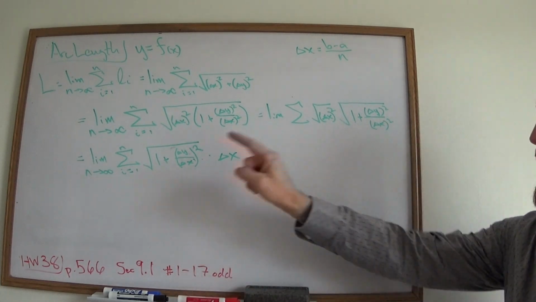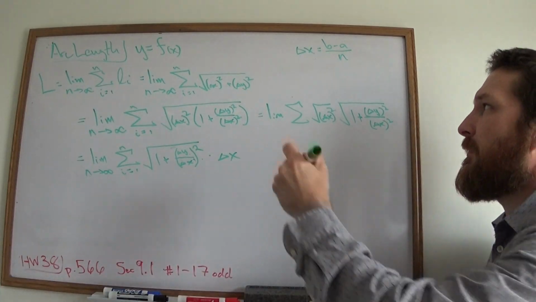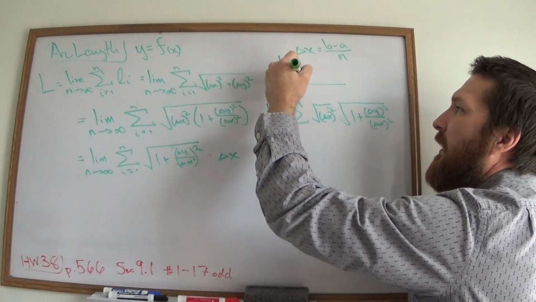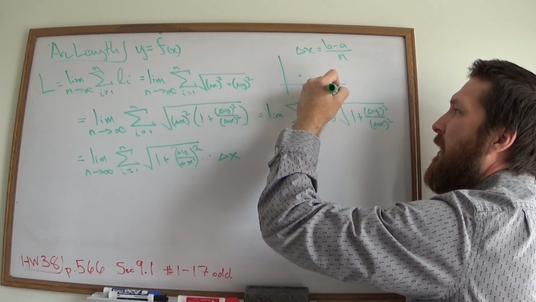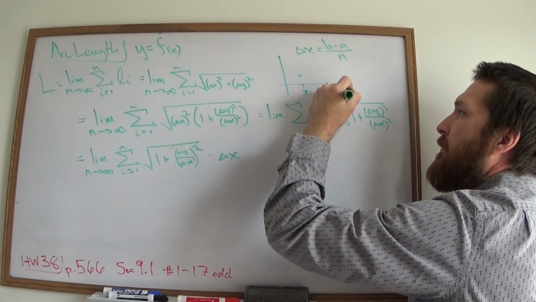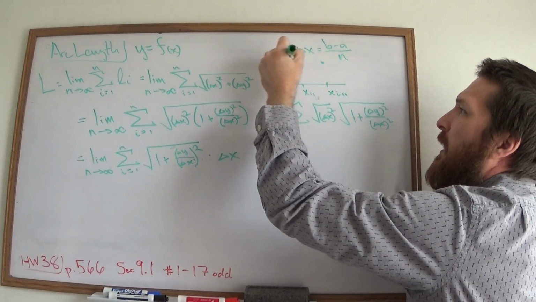But then as n goes to infinity, think about what we did here. We had our x i plus 1, we had our y i's.